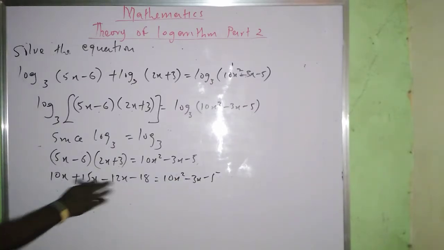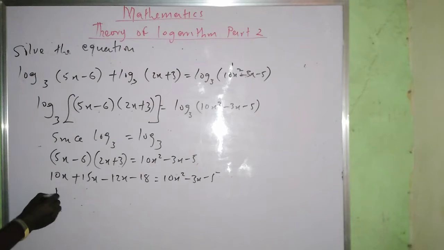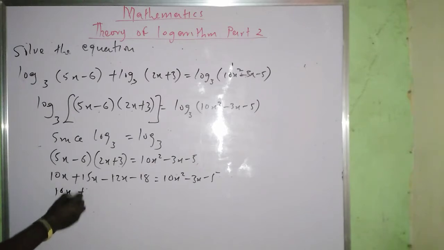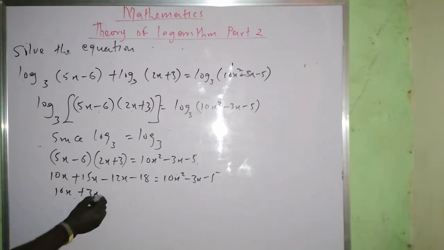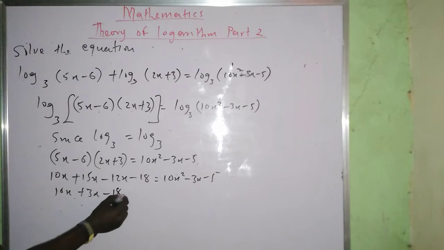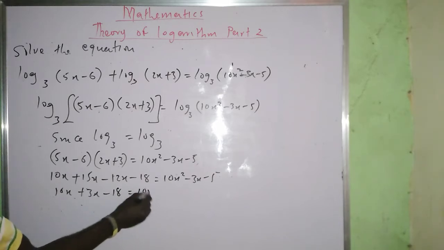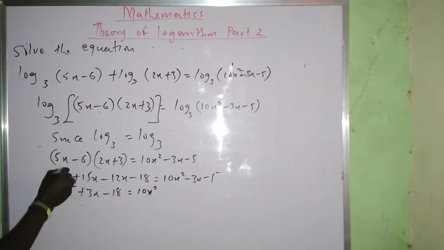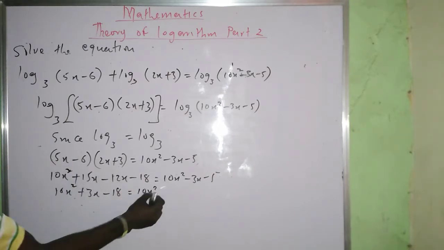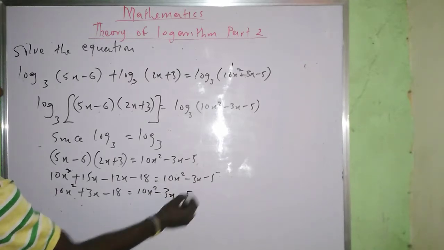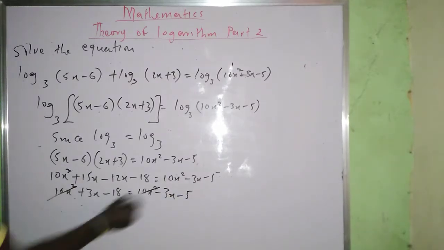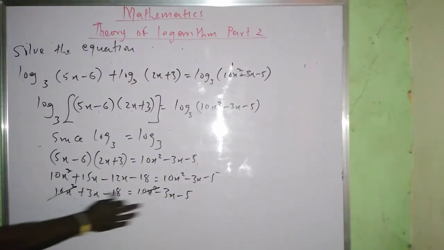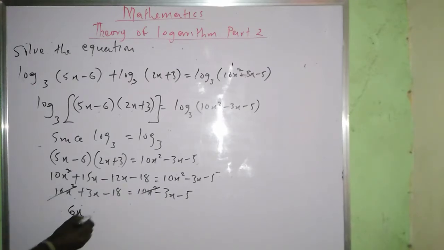Now this will give me 10x squared plus 3x minus 18 equals 10x squared minus 3x minus 5. Sorry, this is squared. The 10x squared cancel out. Moving minus 3x over, 3x and 3x will be 6x.